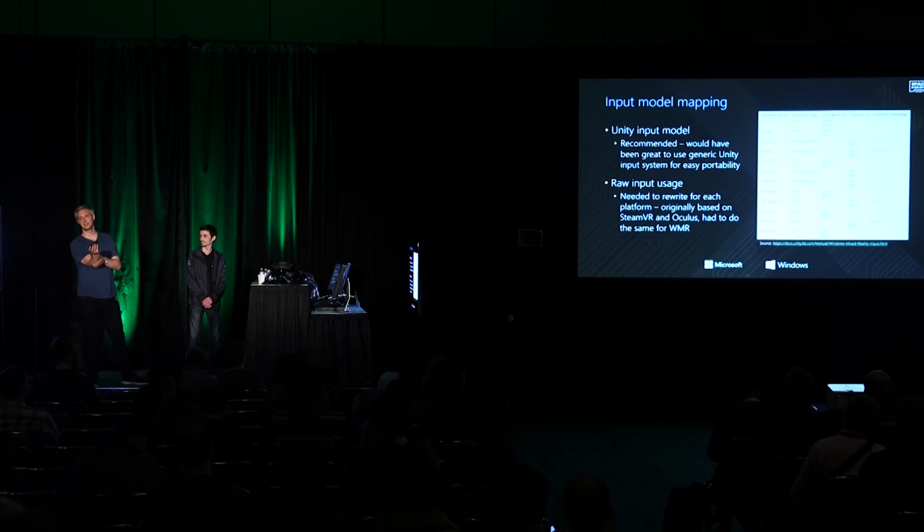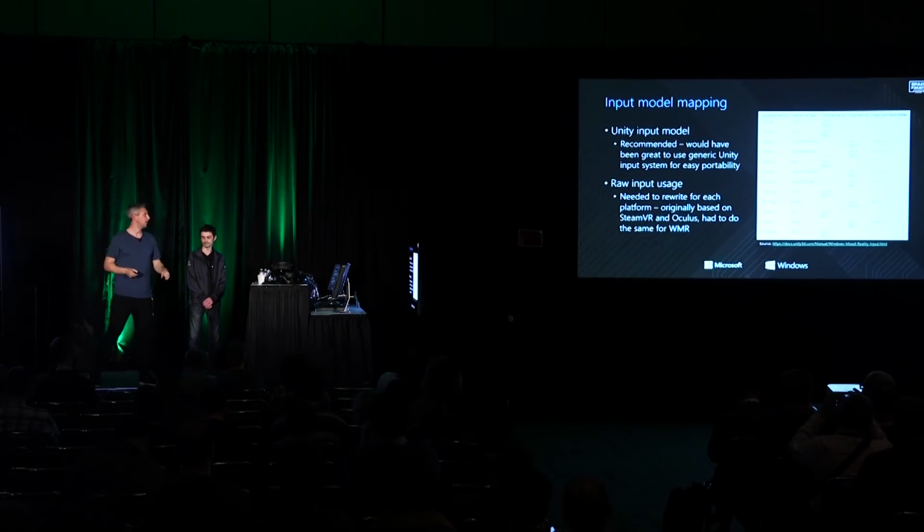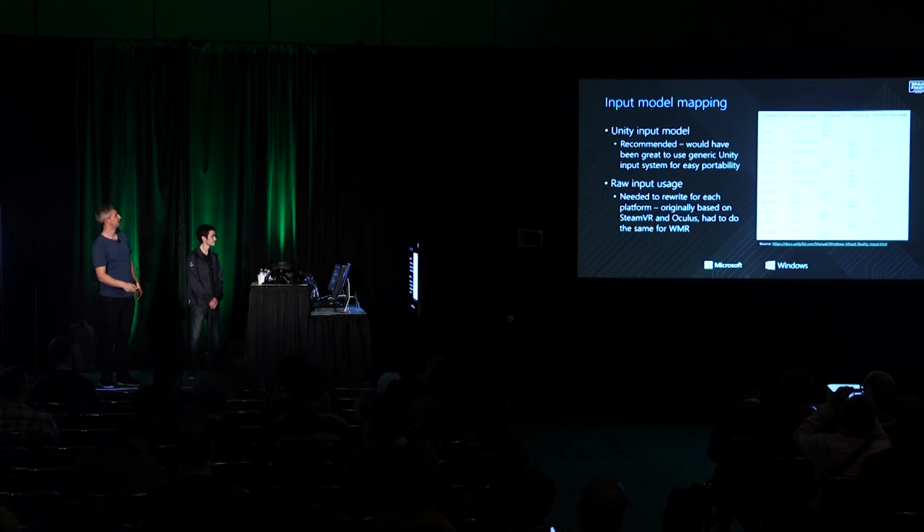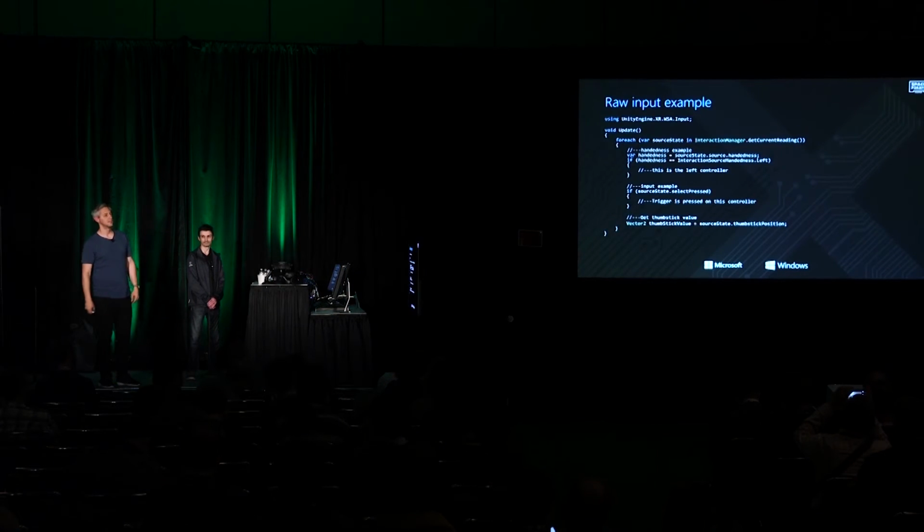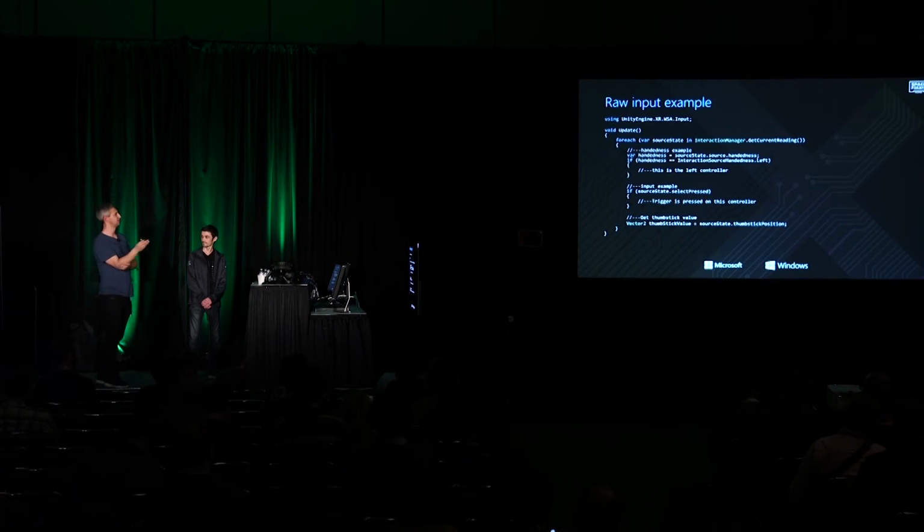So you can use axis and get button to get specific buttons from the controllers, or you can use raw input data, and I'll have some code for that as well. First of all, you need the XR WSA input, and once you get that, you get an input manager, and you just read it out. It gets some source states, and out of that source state, you can, for example, get the handedness of the controller. The second example is a trigger press, like select pressed, or just get a thumbstick value.